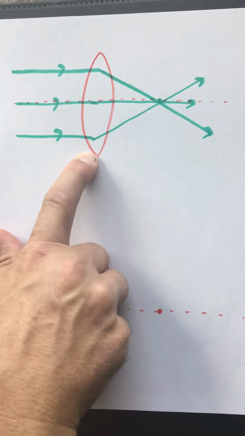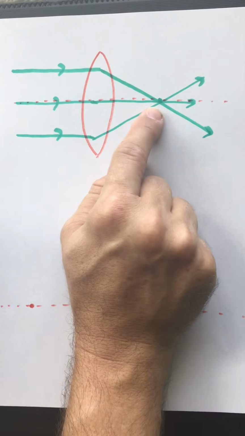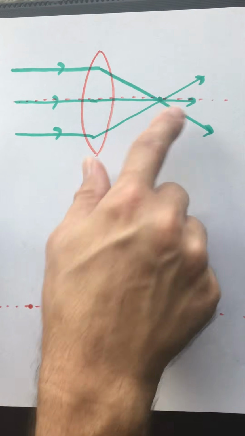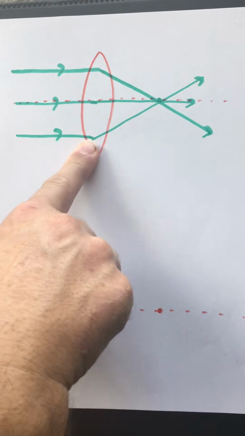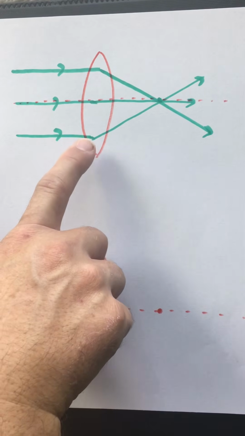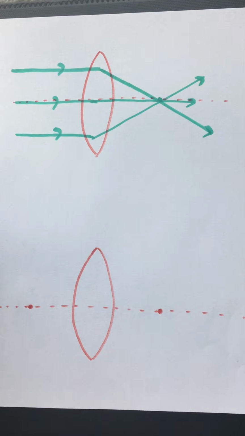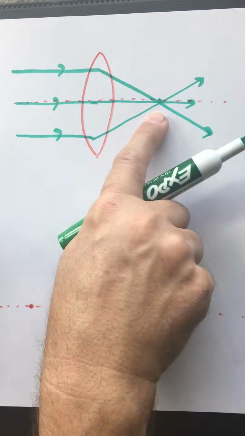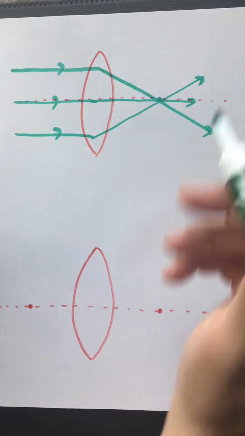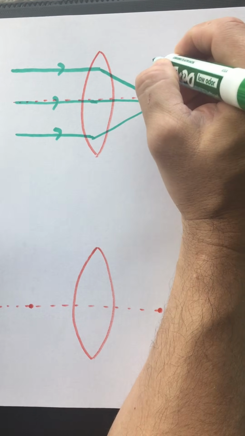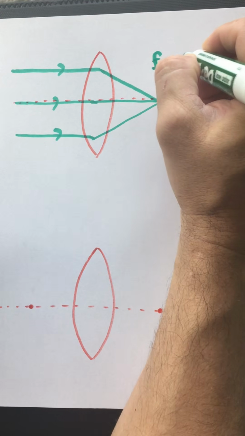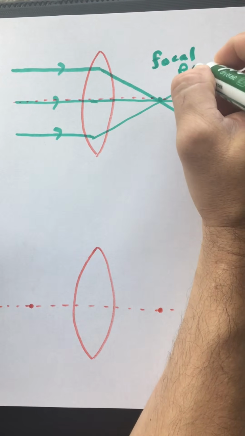We take glass and we grind it into these shapes. But if it's not shaped really nicely, they won't converge to a point. But in general, you can absolutely make a lens of this shape, which will take these rays to this point of convergence. Now, we call that a word that's probably familiar. We call that the focal point.